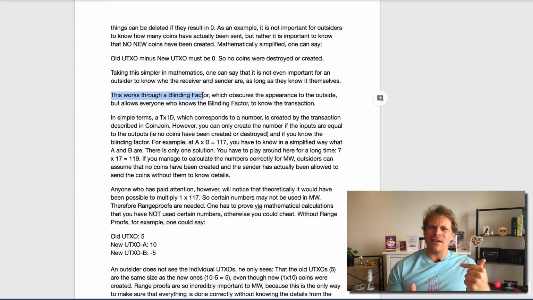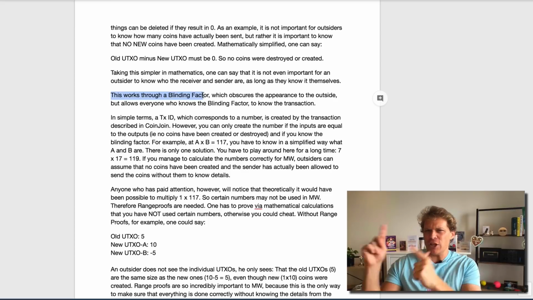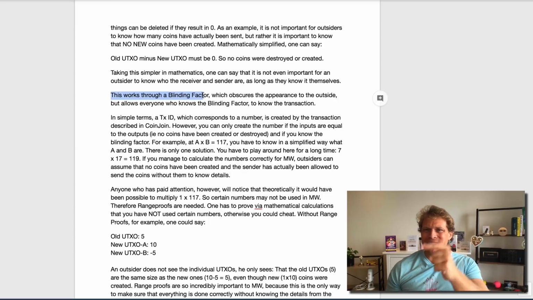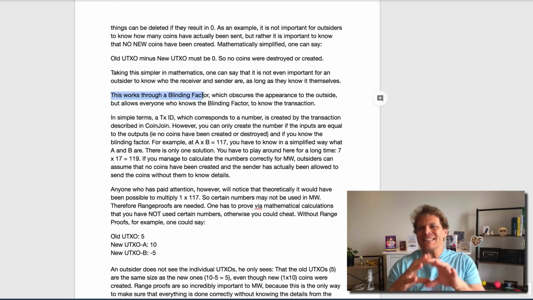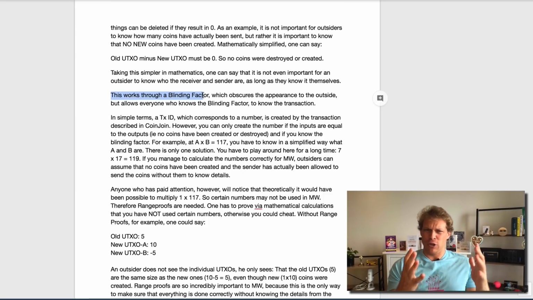Only then is it possible to send the new UTXO and unobscure the total amount. So you just use a large random number and multiply it into the amount. For an outsider, it's then impossible to know what the actual amounts are, what the actual addresses are. Only the participants involved can see this.